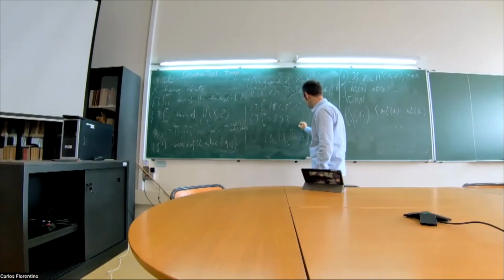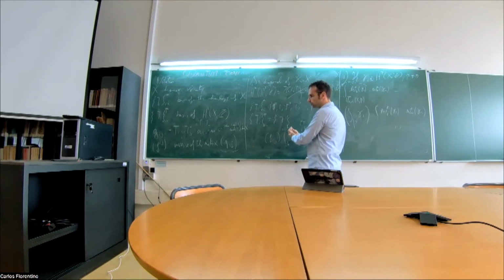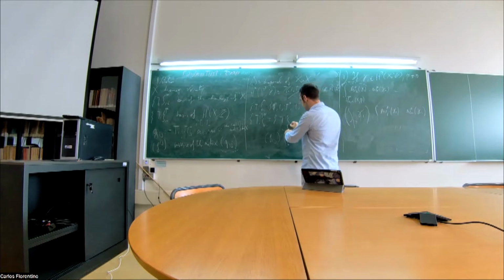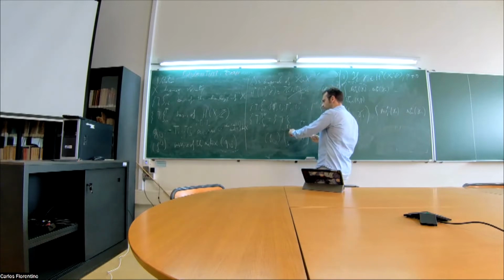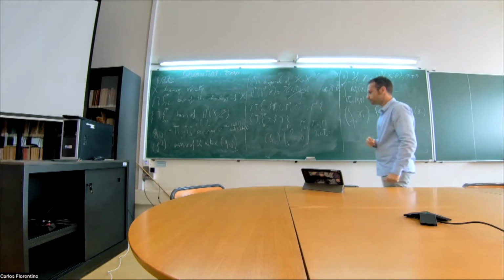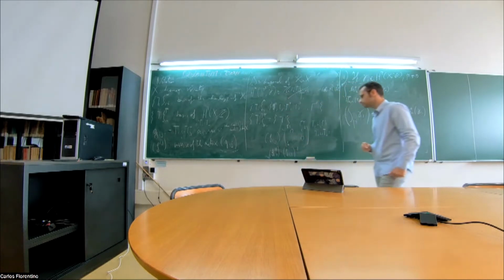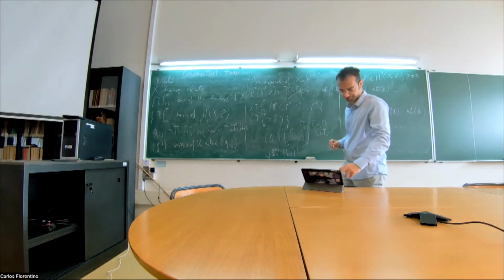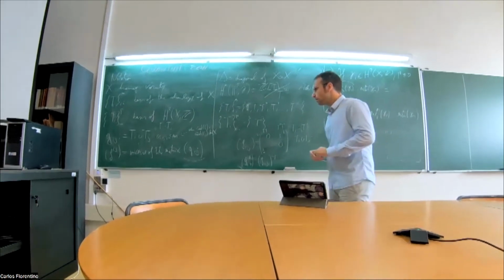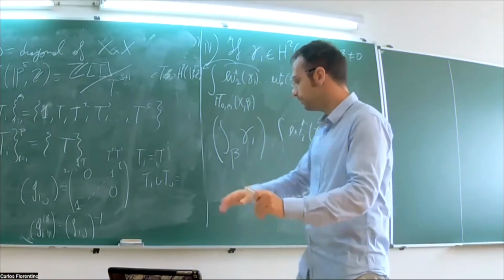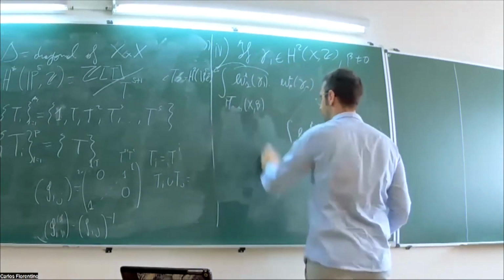Here we have T^(s-1). Here we have 1. So we intersect 1 with 1. They are not of complementary codimension, so it's 0. 1 with T, they are not of complementary codimension, and it is 0. And so on. And g^ij as exponent is the inverse of this matrix. Okay, I will give you time to write, if you are.